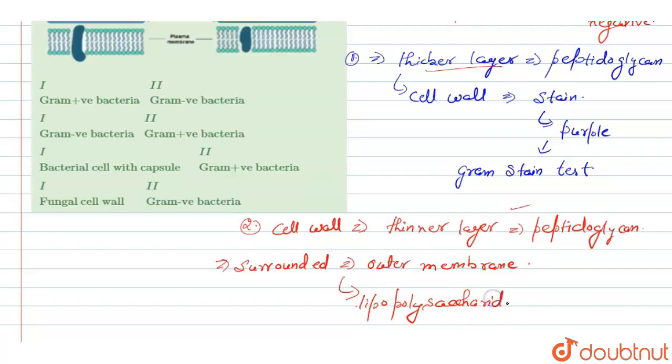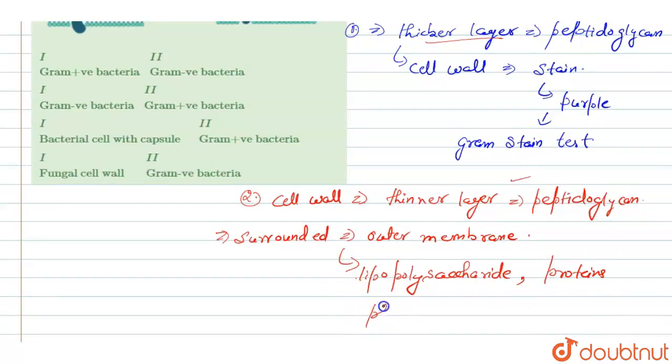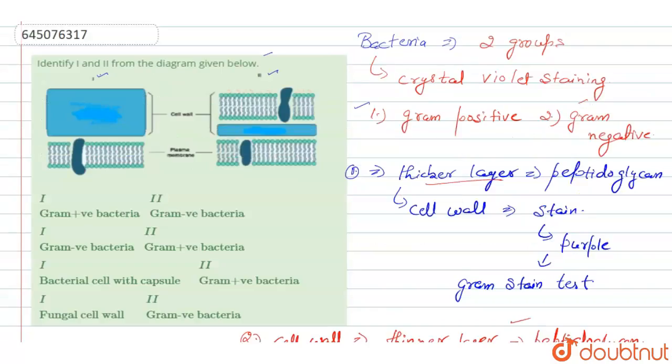Apart from this component, they also contain some proteins and phospholipids. So here when we're talking about this structure, we can see clearly that this is the thicker layer of the peptidoglycan, whereas this is the thinner layer of the peptidoglycan.